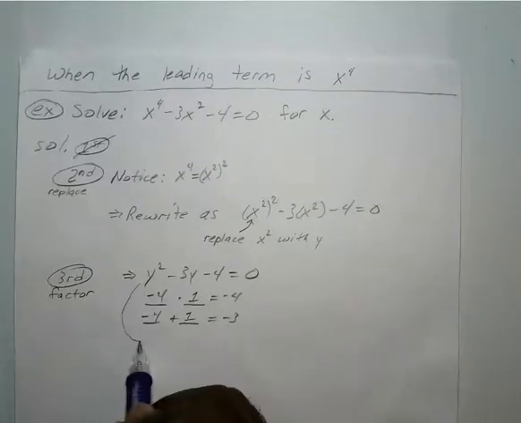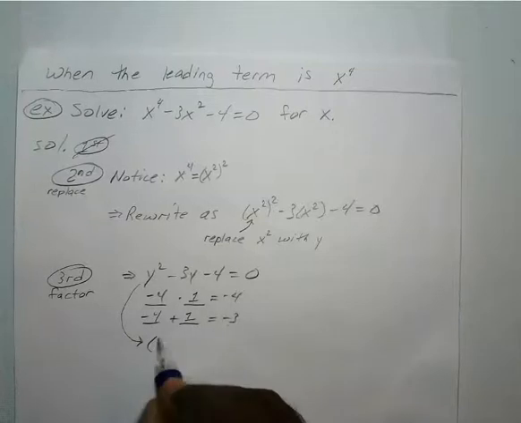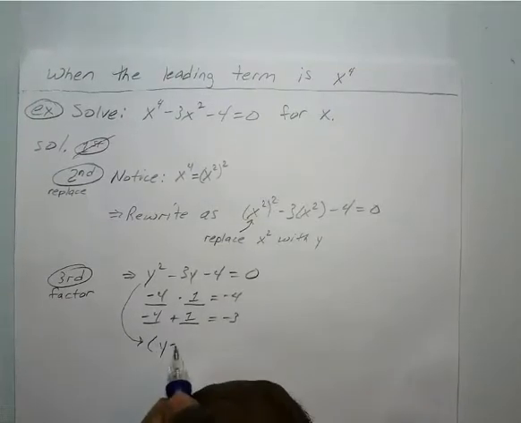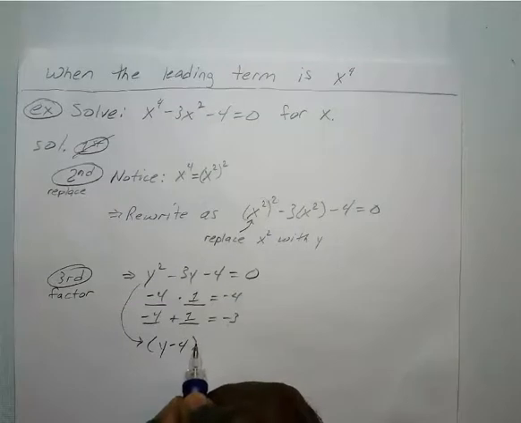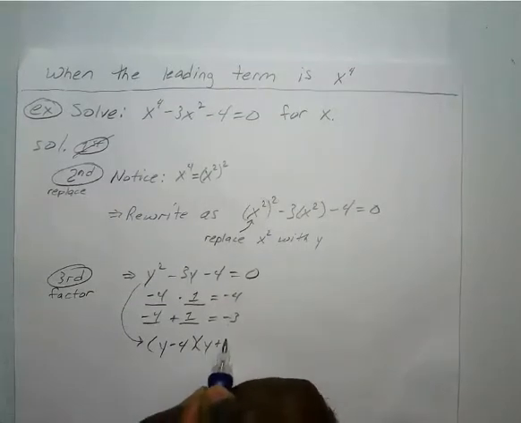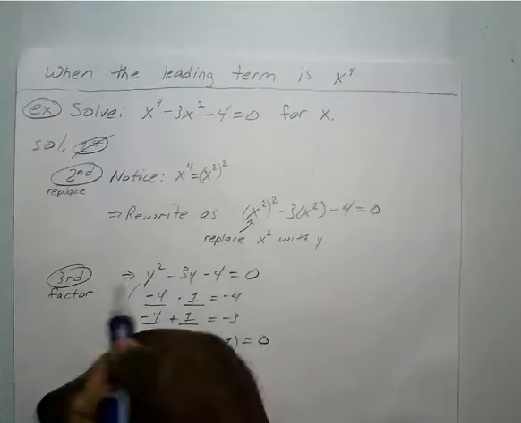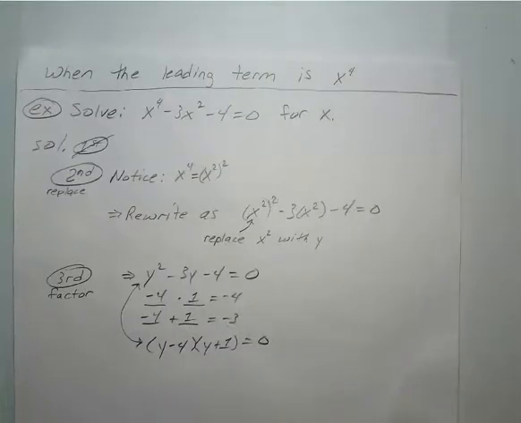So this gets factored as (y minus 4) times (y plus 1) equals 0. Now we can go ahead and solve for y.